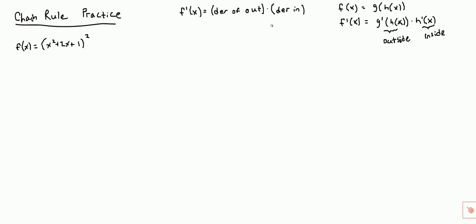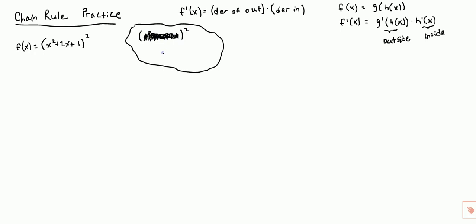And then the second thing is going to be solving it with the formal method. So over here in our thought bubble on the side, we're going to think that we have x squared plus 2x plus 1 squared. But we are going to ignore what's inside. We're going to cross it out. And we're just going to think that we have something squared.